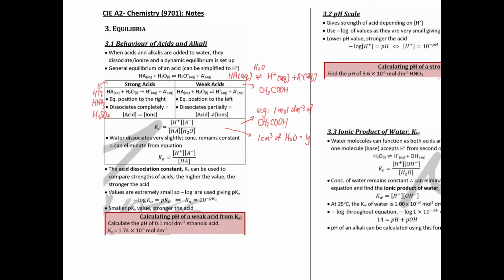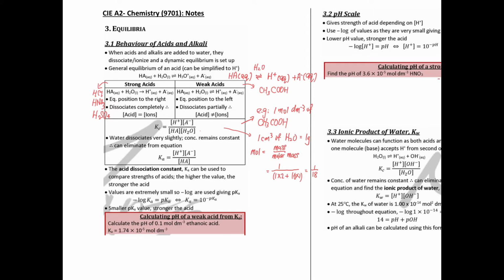Mole equals mass over molar mass. The mass is 1 gram. The molar mass is hydrogen 1 times 2, then oxygen 16 times 1, so 1 over 18. So this is the mole.